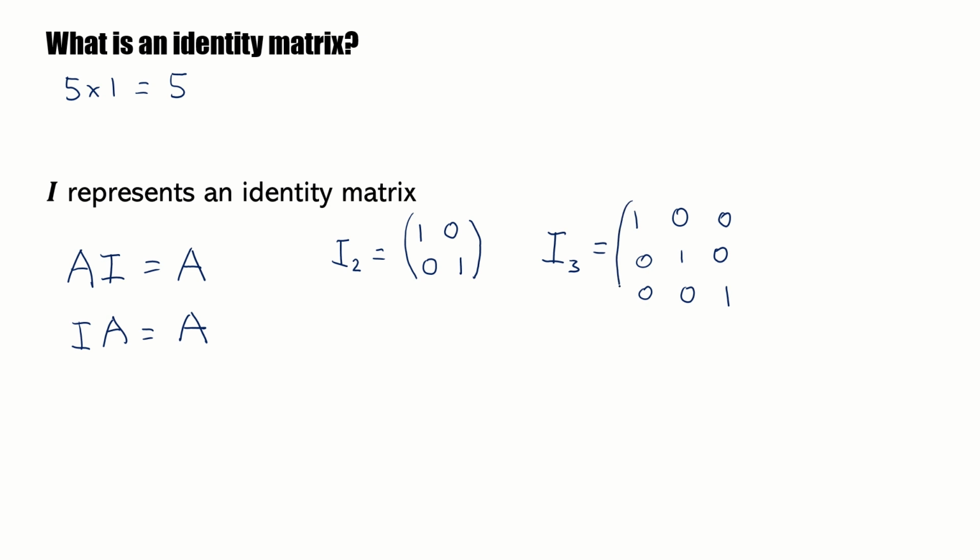It's worth mentioning that this pattern extends on if you need to find the identity matrix for a 4 by 4 matrix, etc. It's also worth pointing out that identity matrices can only be square matrices. So that means we are going to have the same number of rows as columns in our identity matrix. Okay, there you go. That's what an identity matrix is.